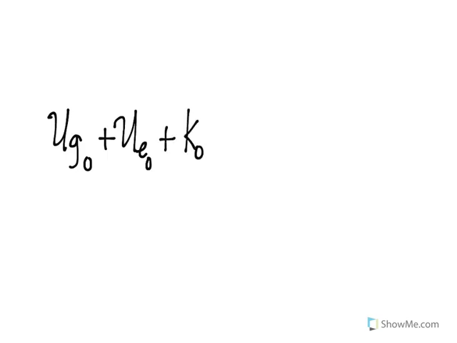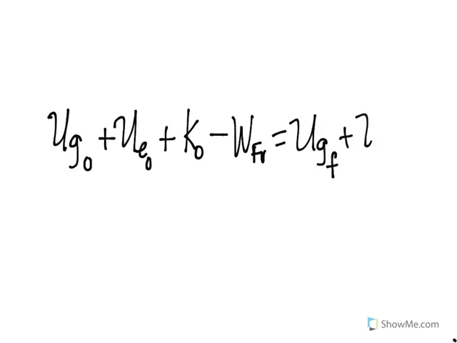The conservation of energy states that the potential gravitational energy at the beginning plus the potential elastic energy at the beginning plus the kinetic energy at the beginning minus any given work performed by friction is going to be equal to the potential gravitational energy at the end plus the potential elastic energy at the end plus the kinetic energy.